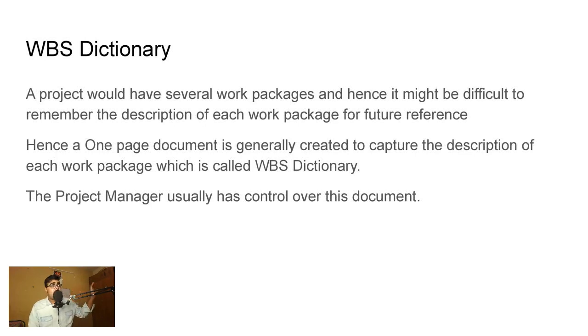WBS is nothing but an entire work that is being decomposed into multiple levels, making it easier for monitoring and controlling and tracking and completing it. We've already seen what is decomposing of WBS. We know how the naming convention works, and what is a WBS dictionary. You can simply equate that to an index on your textbook.